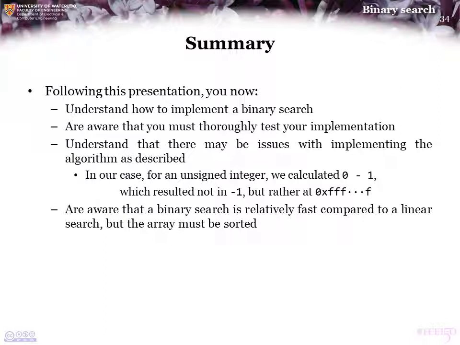The description of the binary search algorithm was correct. However, we were using an unsigned integer data type, so when we calculated 0 minus 1, we didn't get the value -1, but rather we got the maximum possible value of std::size_t. That is, we had a carry. So we had to deal with this separately.